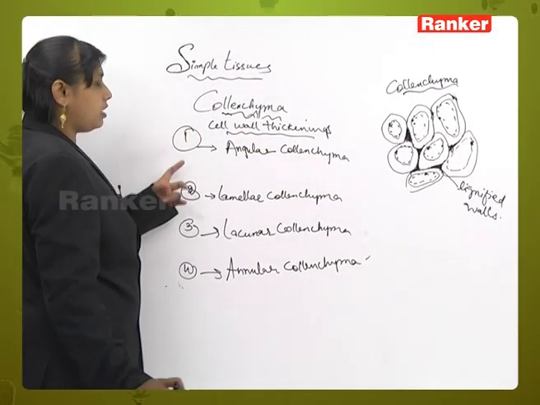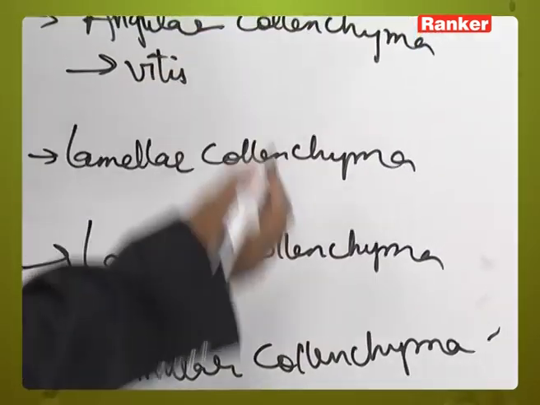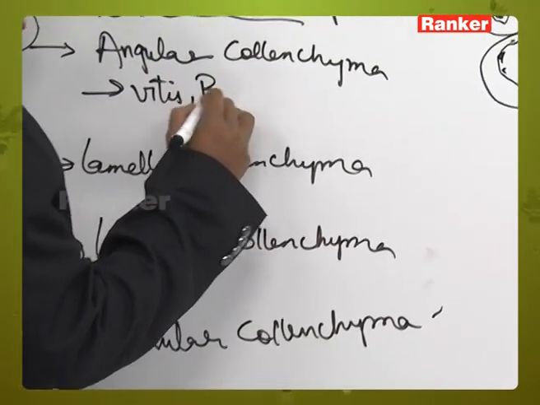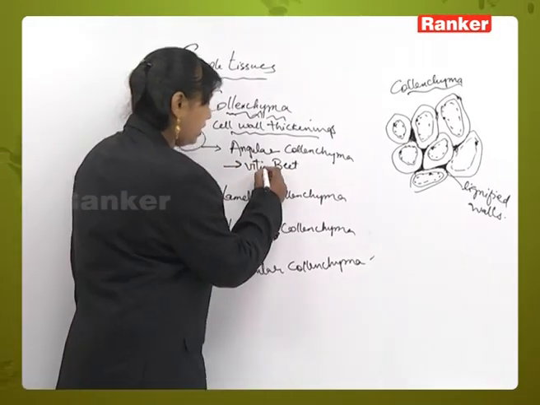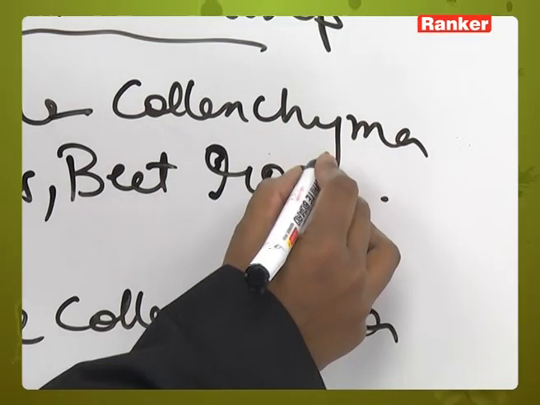Okay. Now, the example for angular Collenchyma is vitis. You will also see the presence of angular Collenchyma in vitis and the beetroots. Now, what do we mean by angular Collenchyma?